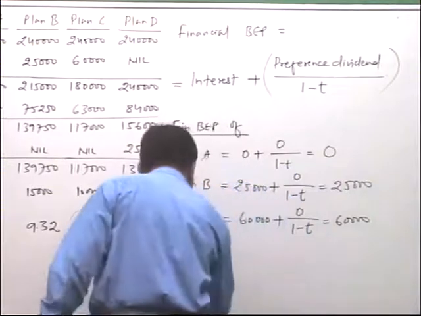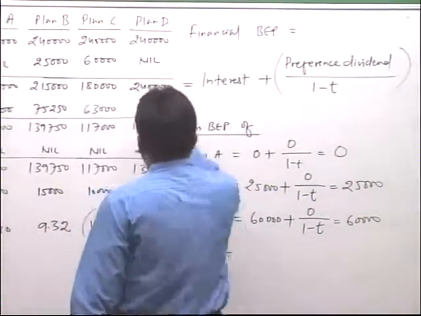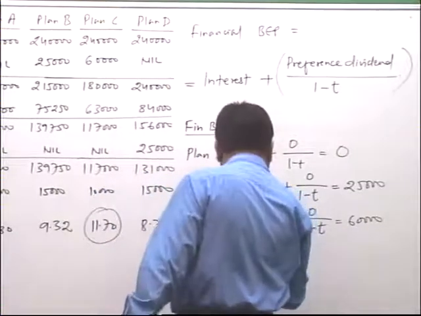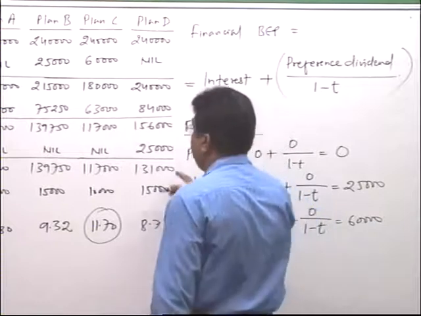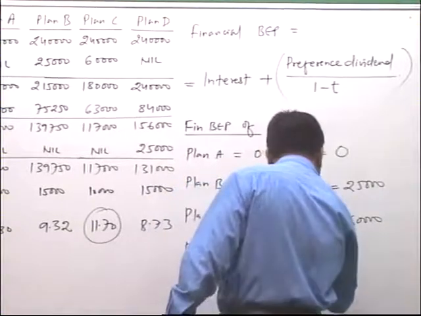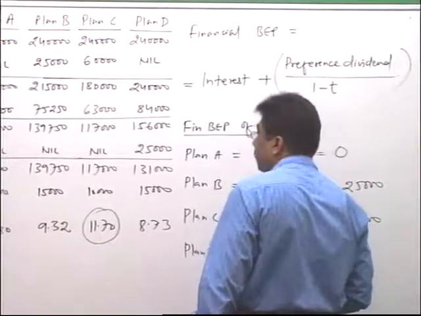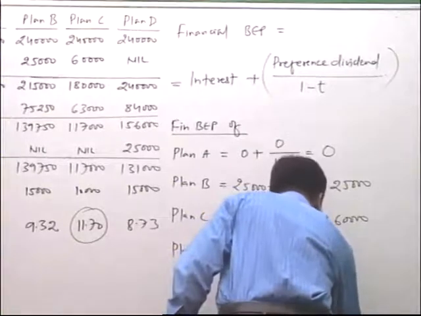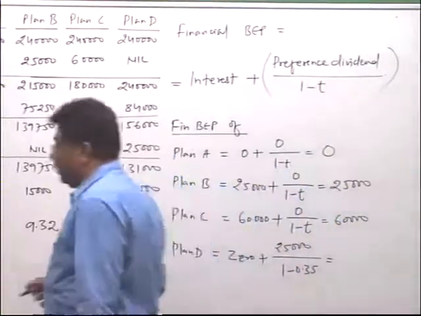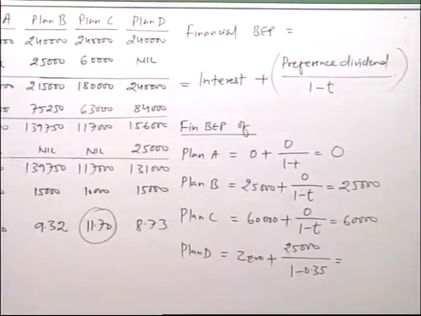And in plan D, interest is 0. So, 0 plus preference dividend is 25,000. So, 0 plus 25,000 upon 1 minus T. So, 1 minus 0.35. The income tax rate is 35%, that is 0.35.